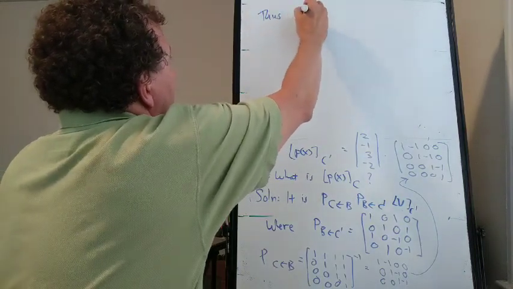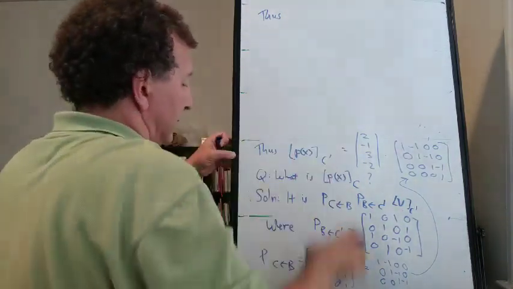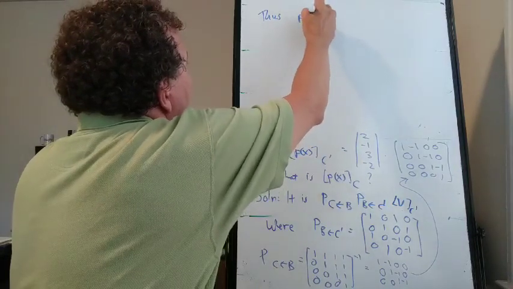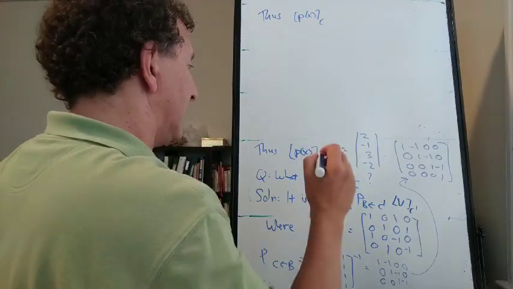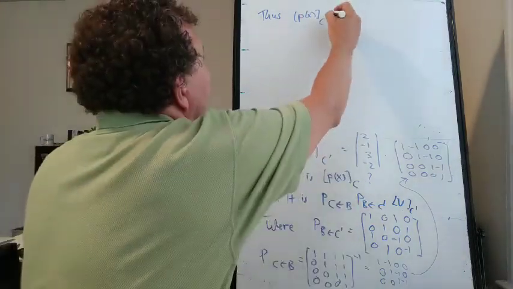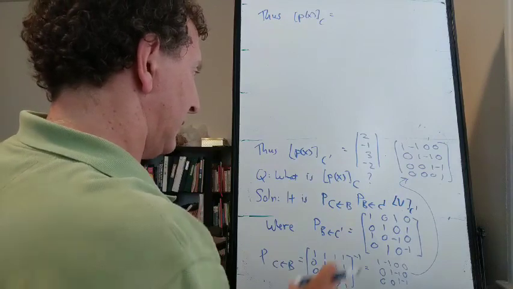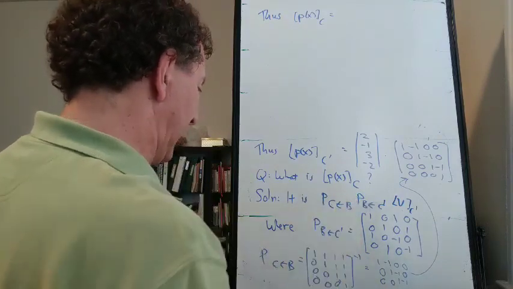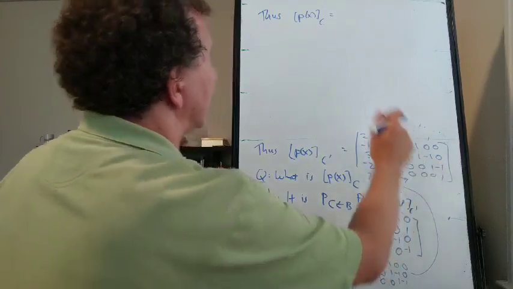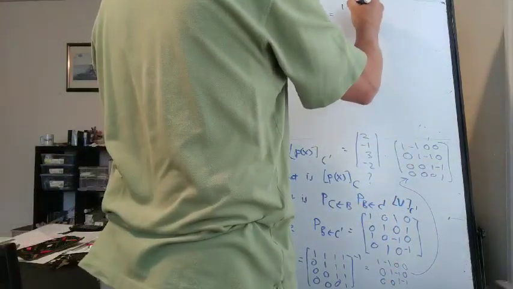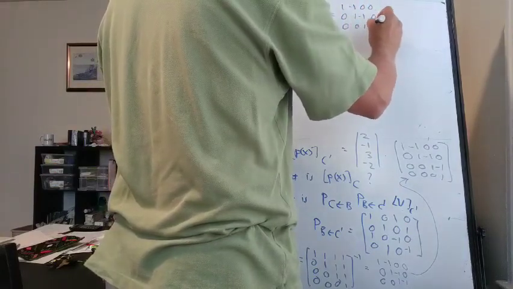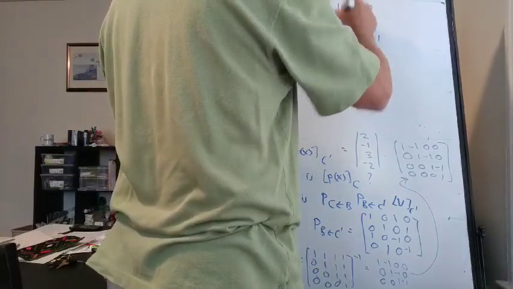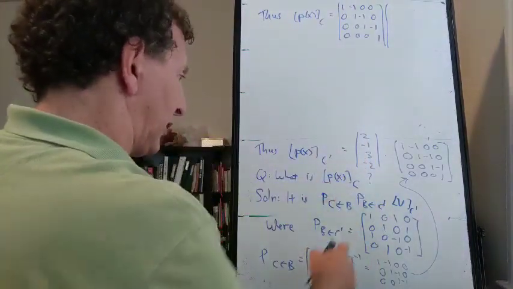So that means that the coordinate vector of p of x with respect to C is, so we've got the B to C matrix, which is right here: 1, -1, 0, 0, 0, 1, -1, 0, 0, 0, 1, -1, 0, 0, 0, 1, times the C prime to B matrix, which is right here.